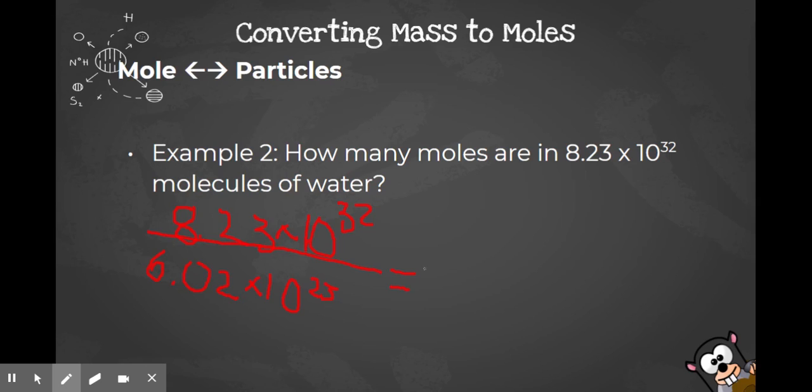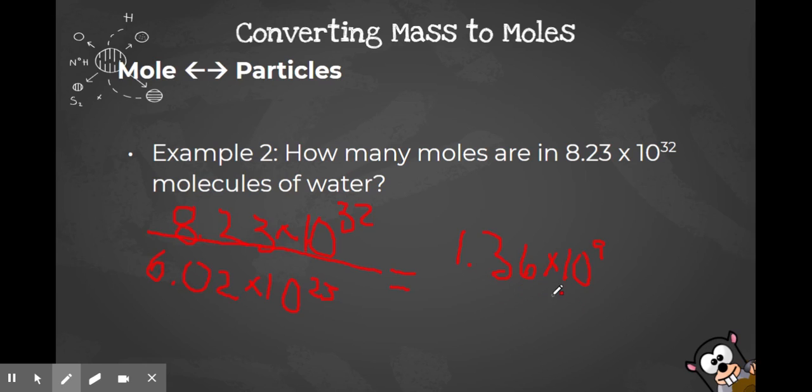So 8.23 times 10 to the 32 divided by 6.02 times 10 to the 23, which gives me 1.36 times 10 to the 9, which is about a billion.